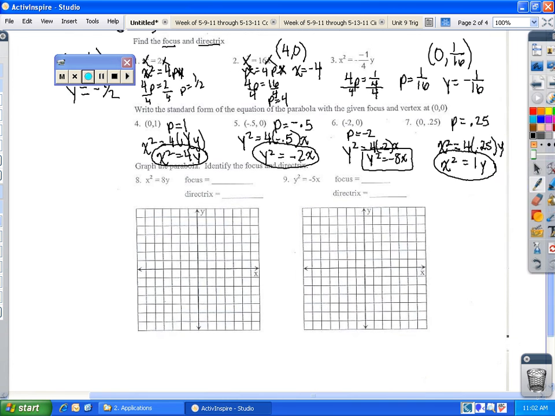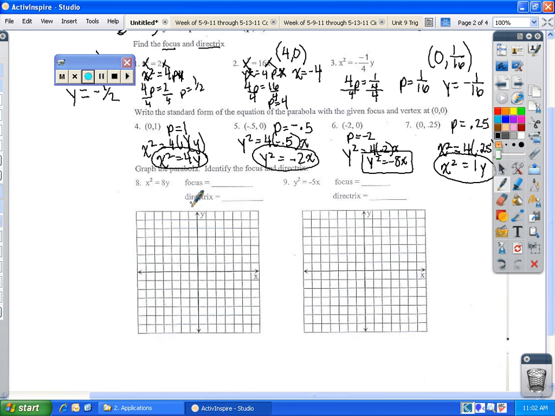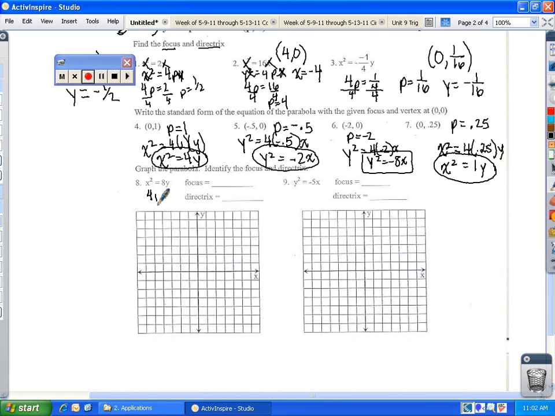Alright. Moving down, if I want to graph the parabola, I have to identify the focus and directrix. So of this equation, I first have to identify and find p. So 4p equals 8. Divide both sides by 4, and p equals 2. If p is 2, I know that since this is an x squared equation, my focus is going to be on the y-axis, and therefore it will be (0, 2).